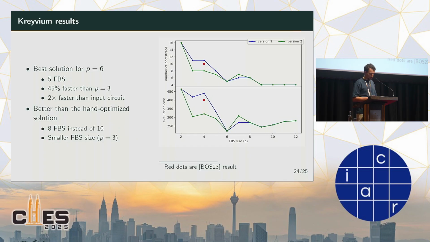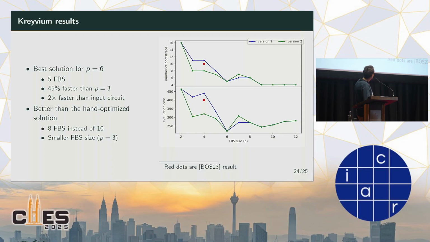For Kreyvium, things are better for the heuristic. The result from Bon et al. for Kreyvium was 10 bootstraps for a functional bootstrapping size of 4.